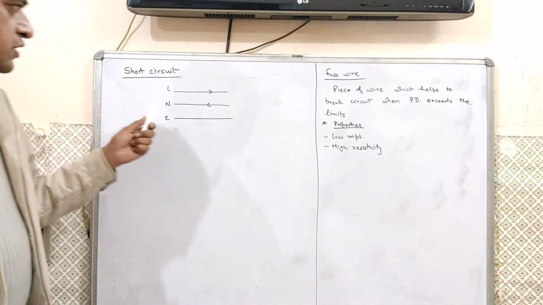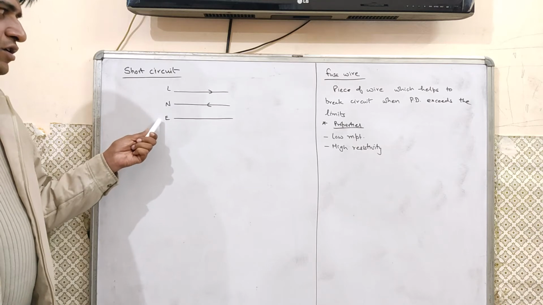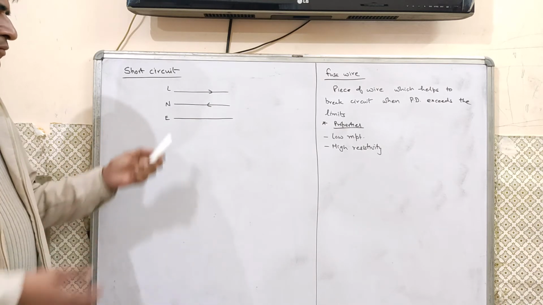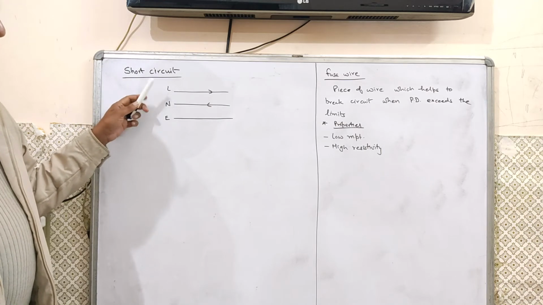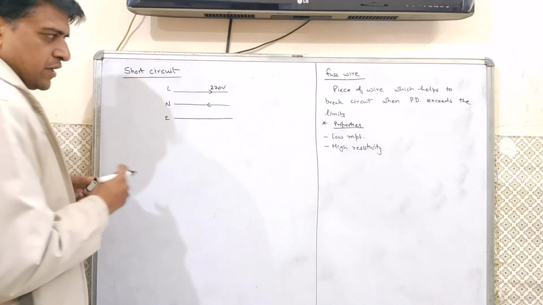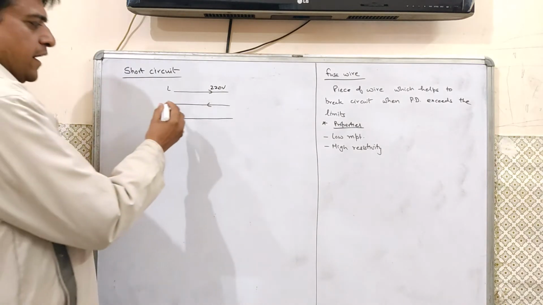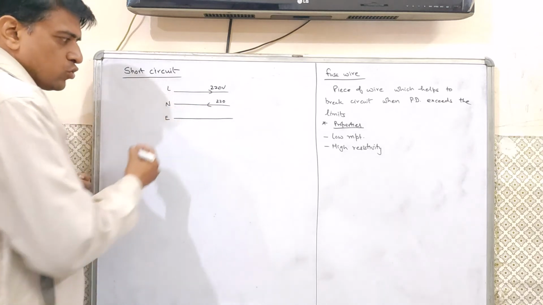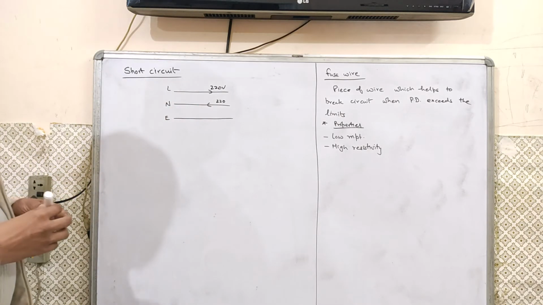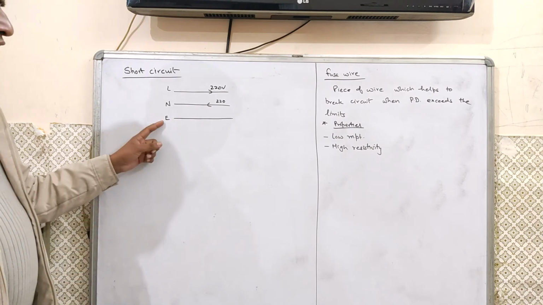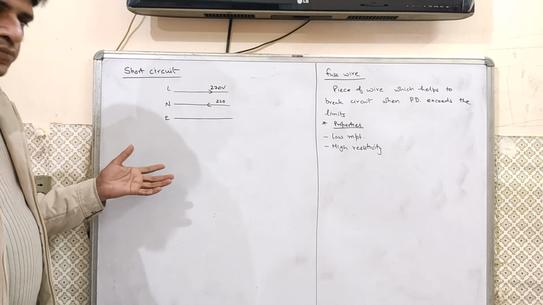Now, another term, it is short circuit. We have three wires in our power supply. One is the live wire through which the 220 volt current is coming inside your home, and another is the neutral wire which takes the current away from your home so that your circuit can be completed, and the third one is the earth wire.